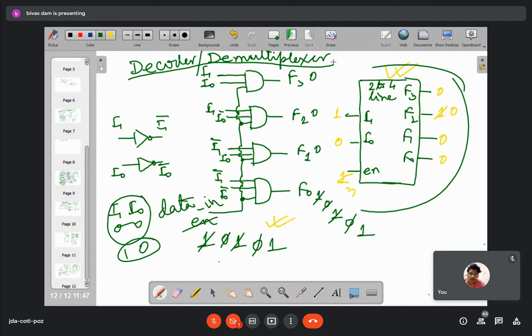That means the same IC can be used as one decoder, or it can also be used as one demultiplexer. Multiplexer আমি যেমন IC ফর্মে কিনতে পাবো, ডিকোডার ডিমাল্টিপ্লেক্সার একটাই ইউনিট হিসেবে কিনতে পাবো, সেটা depending on my usage will be used as one decoder or one demultiplexer because the internal structure remains the same.